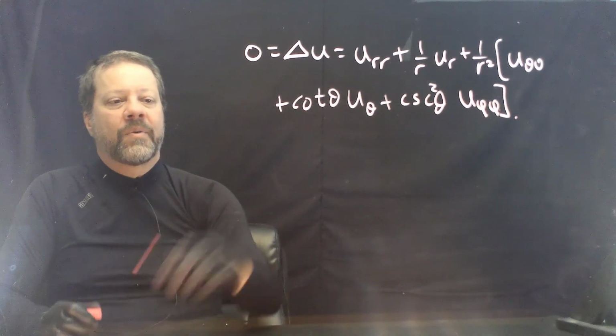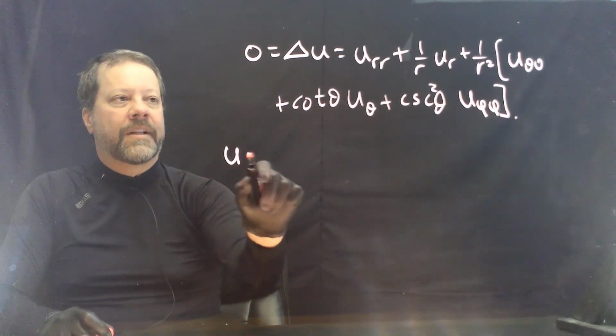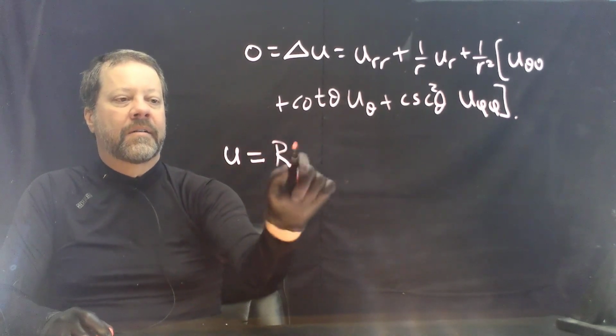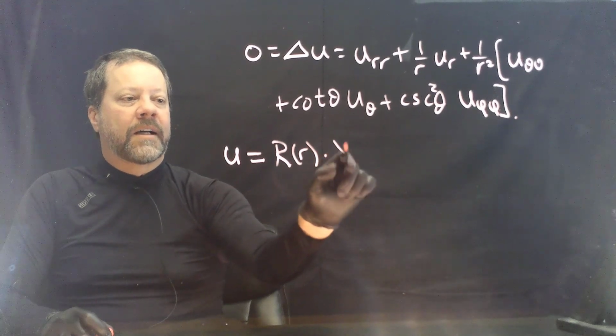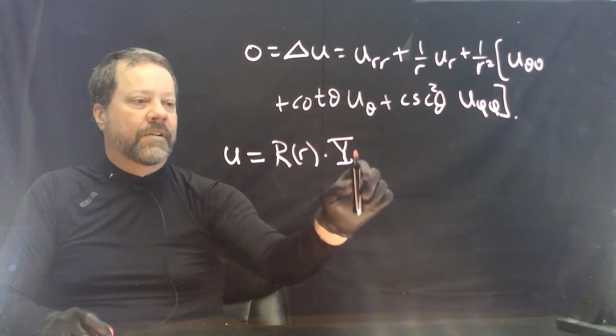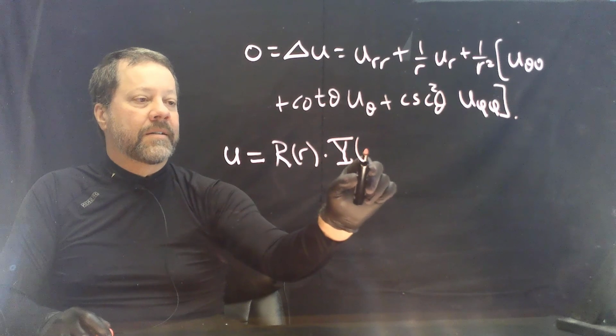In this case, we could have made the separability assumption that u factors as a function of r times the spherical harmonic with respect to, say, theta and phi.